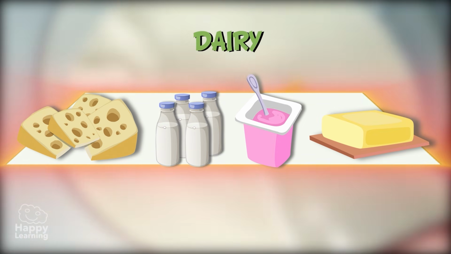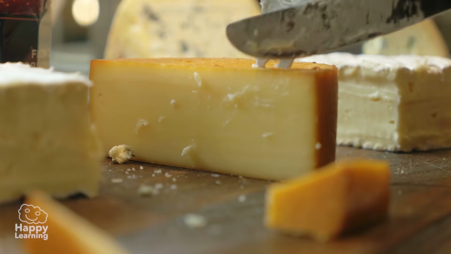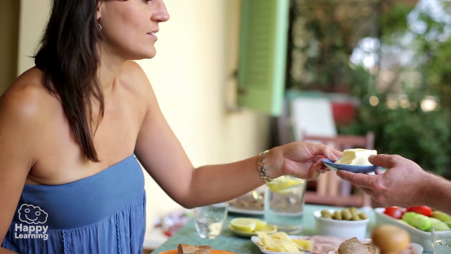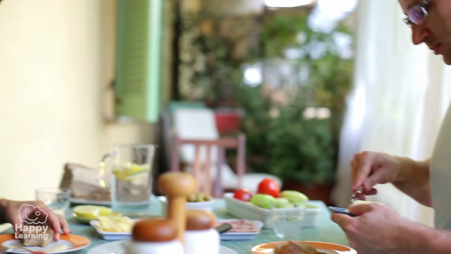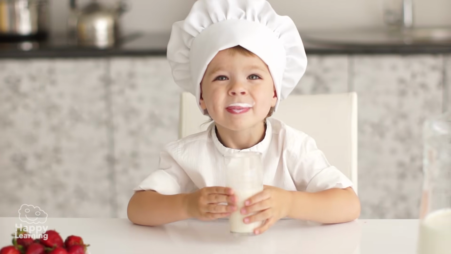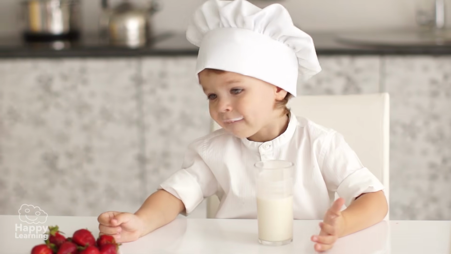The third step is all about dairy. This group consists of milk, cheese, and butter. I especially love yogurts. We must eat these foods from 1 to 3 times a day.